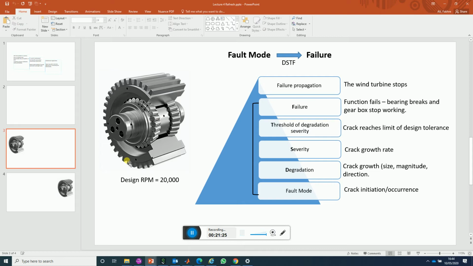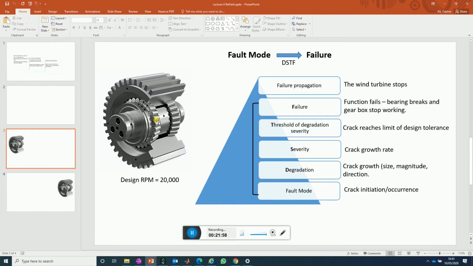So how many ways can this bearing fail? The very first thing that can happen is, due to the high RPM and the torque and the torsional stresses and normal stresses acting upon this bearing, it is likely that the bearing can start to have structural damage.